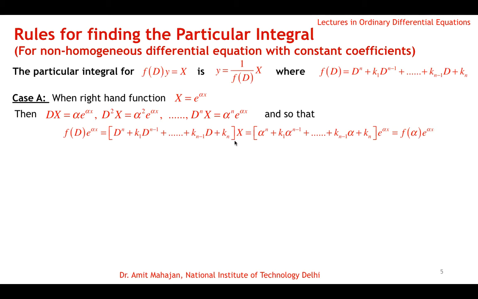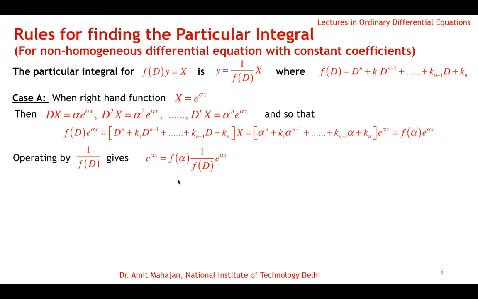Now if I operate on both sides of this equation with 1 by f(D), then 1 by f(D) of the left hand side equals 1 by f(D) of the right hand side, and f alpha is a constant, so f alpha goes outside. So I can write that e power alpha x is f alpha times 1 over f(D) e power alpha x.